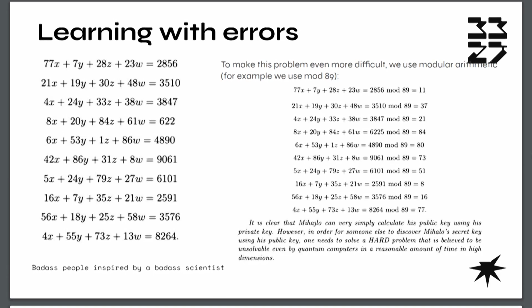And if someone wants to calculate Mihailo's private key using this public key of Mihailo, he needs to solve every system with every possibility. So here we need to add -5, -4, -3, and so on, in every equation.